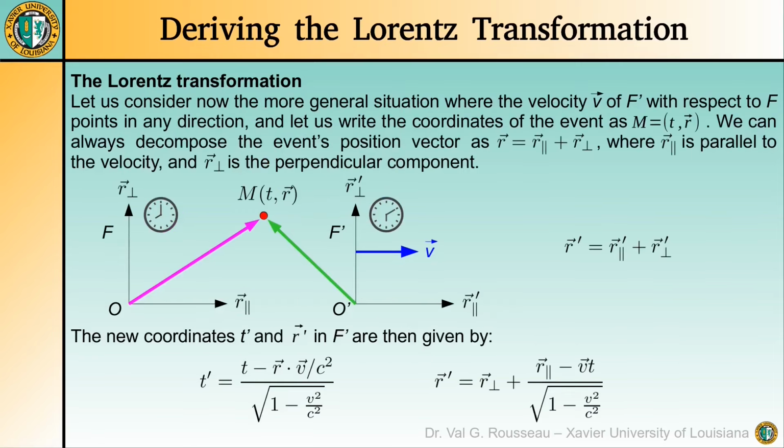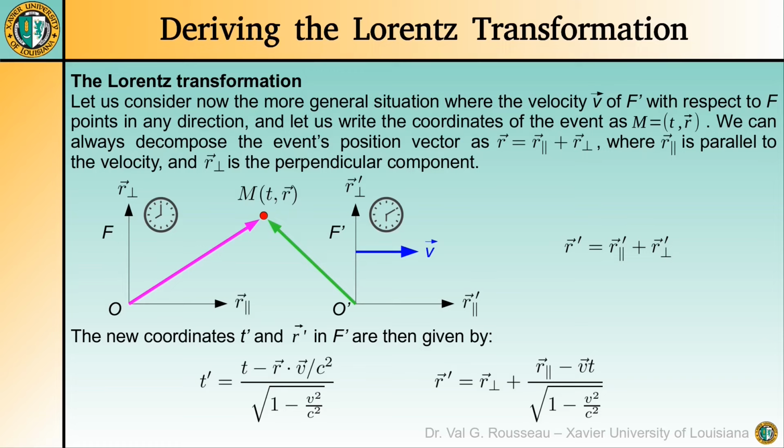For this, all we need is to realize that we can always decompose the position vector r of the event in F as a component that is parallel to the velocity plus a component that is perpendicular to it. As we have shown, the perpendicular component is unchanged when going to F prime, and the parallel component transforms exactly as we just showed in the particular case where the velocity was parallel to the x-axis.